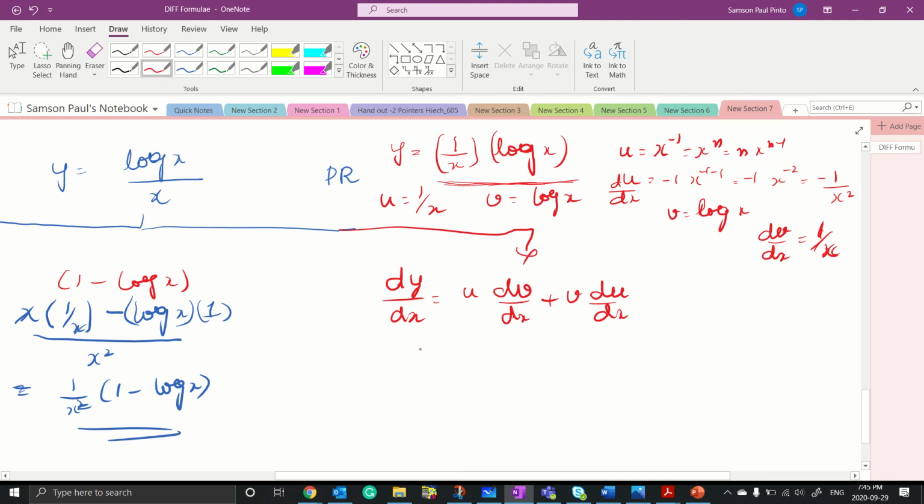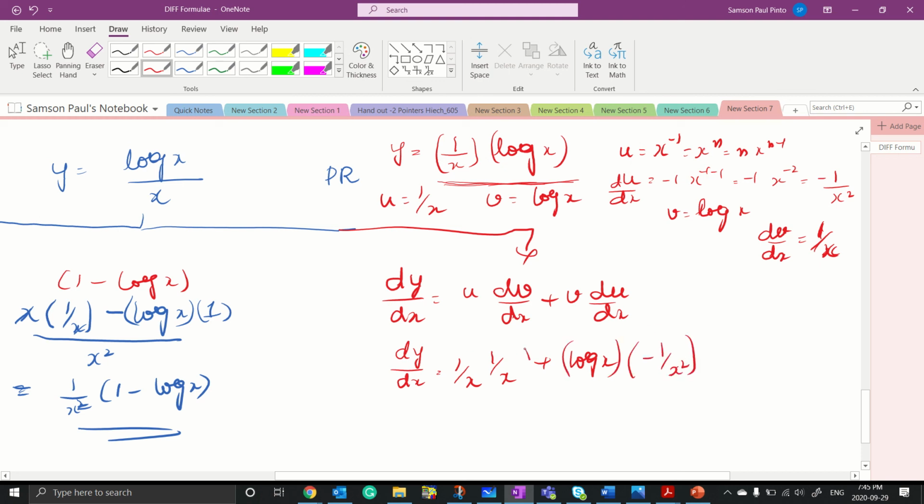You will just love it. Okay, so dy by dx is nothing but u, and my u here is 1 by x, and dv by dx, which I have already done, is 1 by x, plus my v is nothing but log x, and my du by dx is nothing but minus 1 by x square.